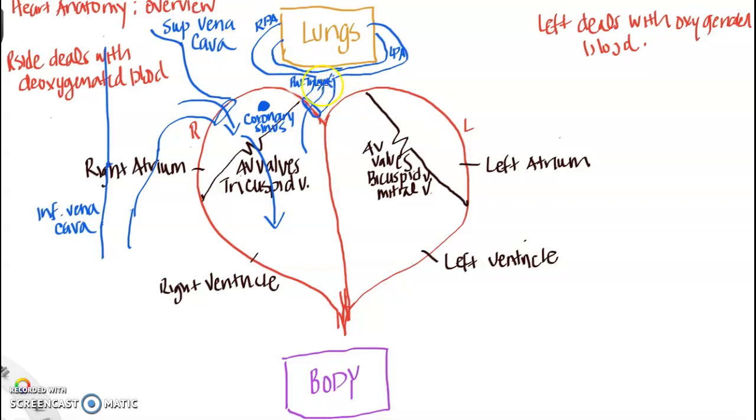So the pulmonary trunk sends the blood both directions into each of the lungs. Still deoxygenated blood. So this goes into the lungs, picks up oxygen, and comes out through the pulmonary veins.